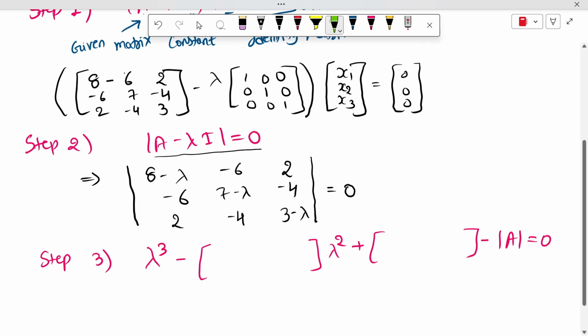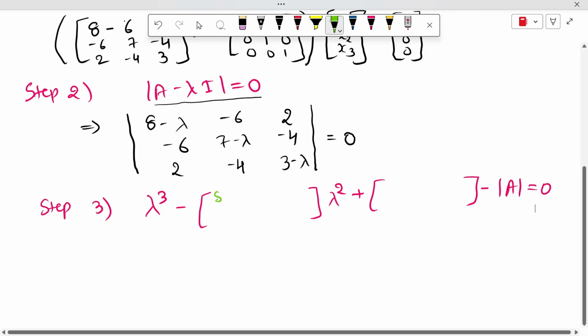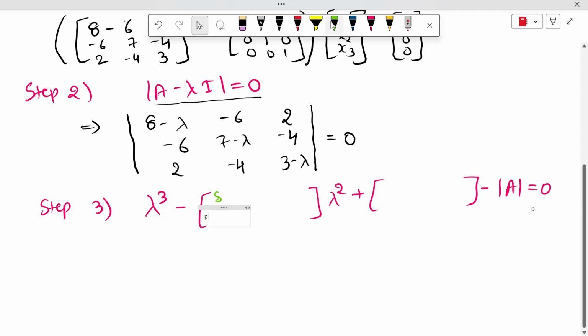So what will come here? For lambda square, it will be the sum of diagonal elements. Sum of diagonal elements. Here it will come the sum of diagonal minors.